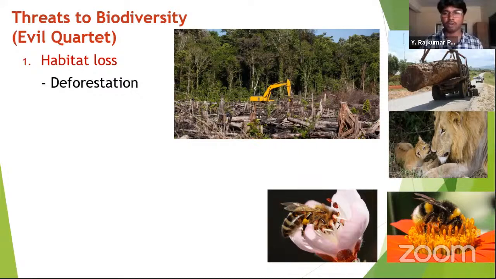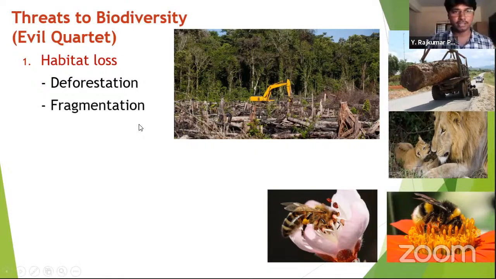We are cutting down the forest and making it into cities, villages and croplands. Even making a forest into a cropland is also deforestation, because we are cutting down the large trees and growing paddy. So it is a main reason for the decreasing of biodiversity.